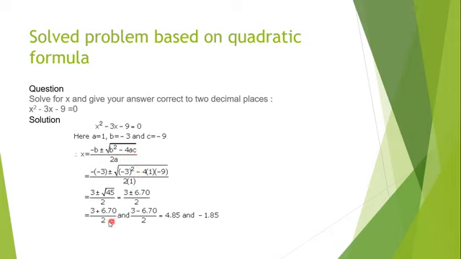The second important point is whatever you are getting in the square root, as we are getting square root 45 in this case, the value of the square root should be taken from the table directly. Don't try to find the square root by the division method which you learned in class 8.